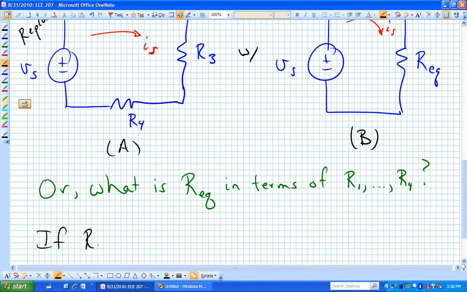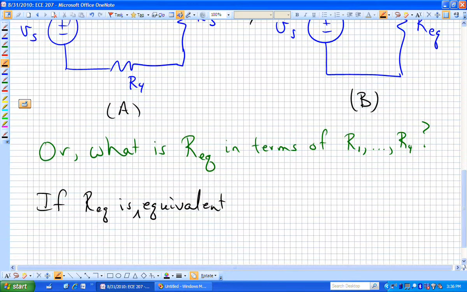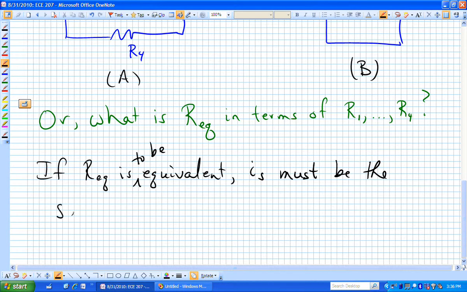If R equivalent is to be equivalent, the current in both circuits, I sub s, must be the same in both circuits.